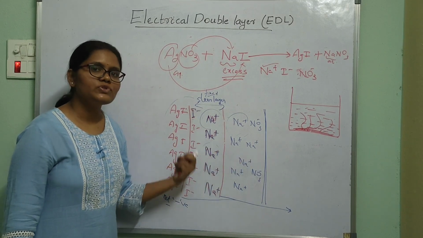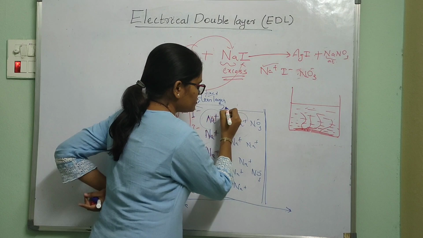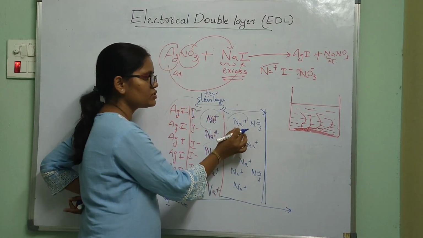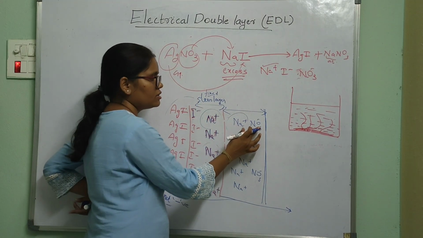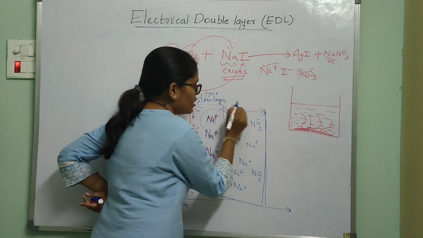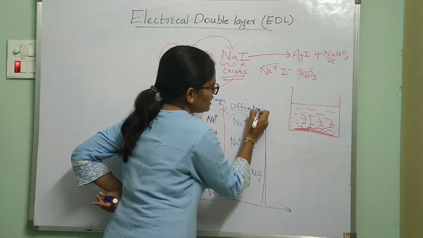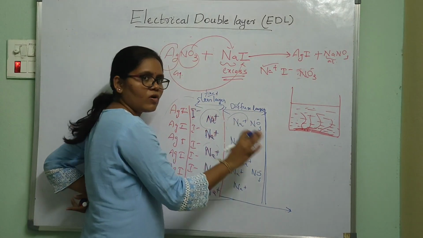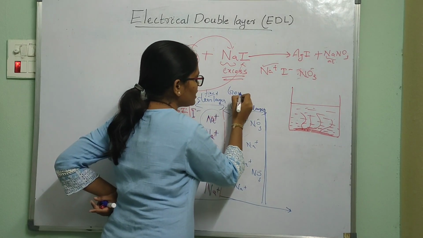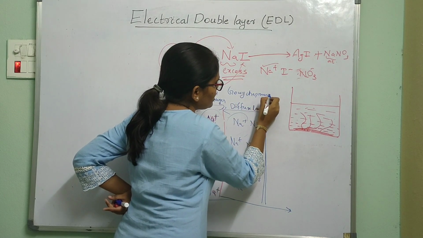It is attracting more sodium ions from the solution. Now this layer in which the concentration of sodium ions is greater than the negative ions is called the diffuse layer. Diffuse layer, and this layer also has the name Gouy-Chapman layer.